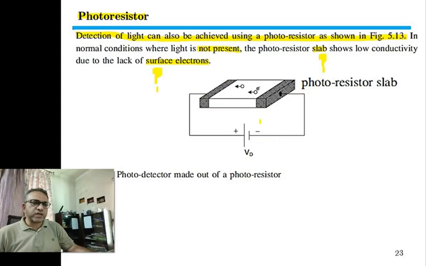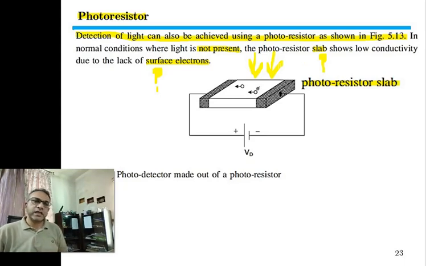The terminals are then connected to an external battery. This is the photoresistor slab, which consists of our semiconductor material, and light will be allowed to fall on this slab.